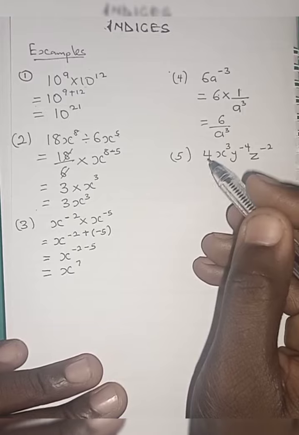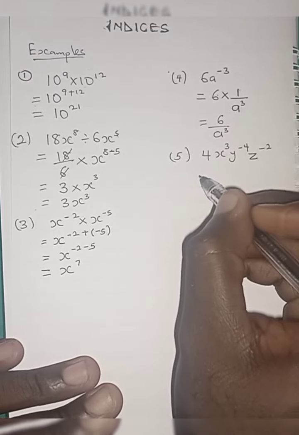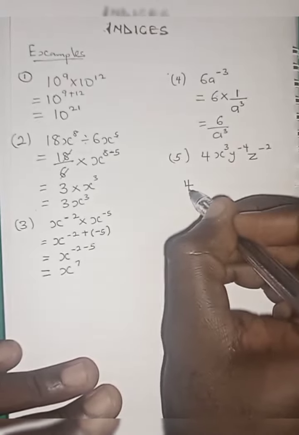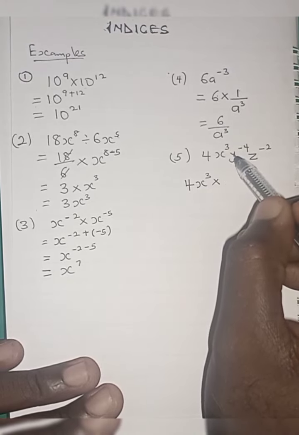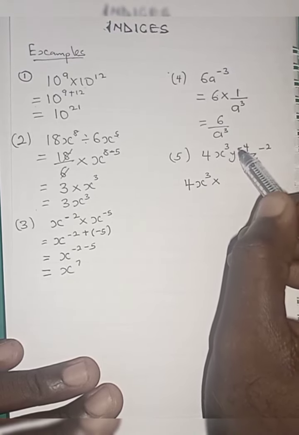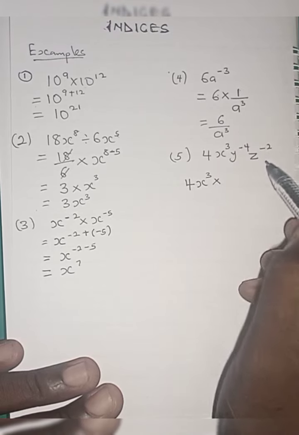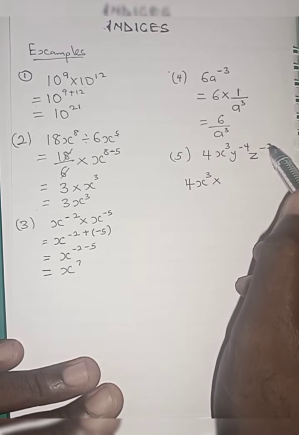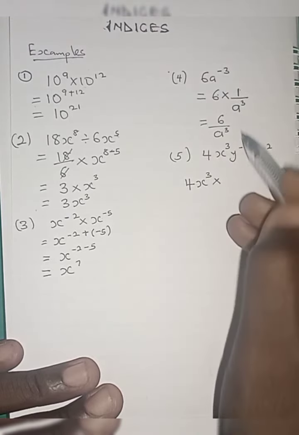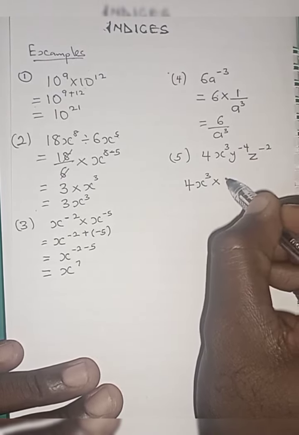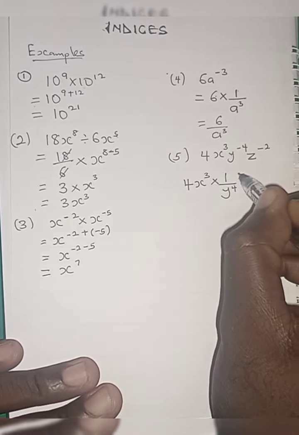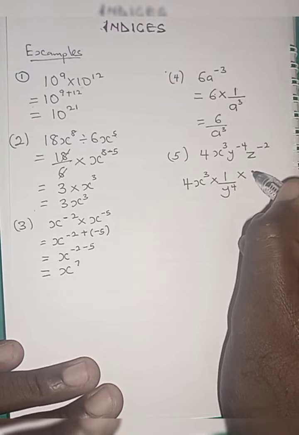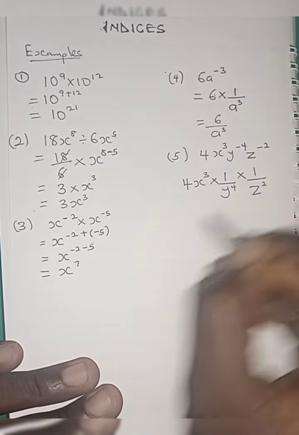If you have to simplify this, we are going to say 4x raised to power 3 multiplied by, you can see this y has a power of minus 4, and this z has a power of minus 2. So just like the previous example, the y raised to power minus 4 will change to 1 all over y raised to power 4. Z raised to power minus 2 will change to 1 all over z raised to power 2.